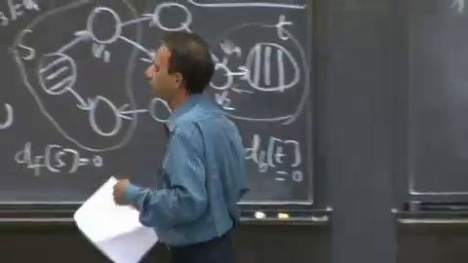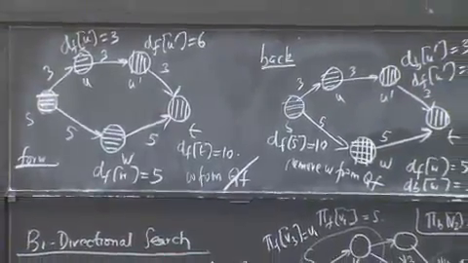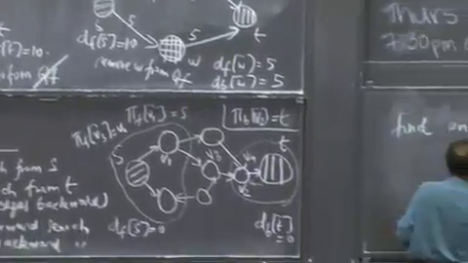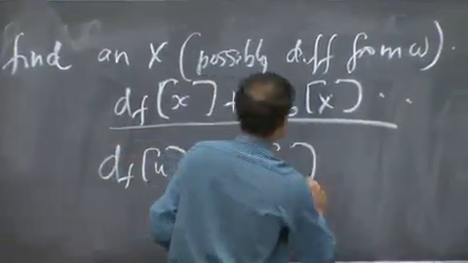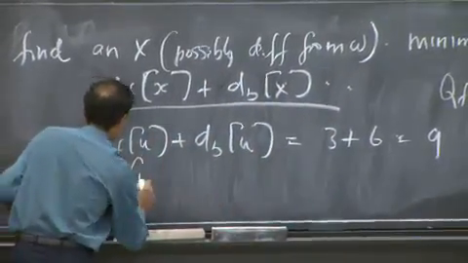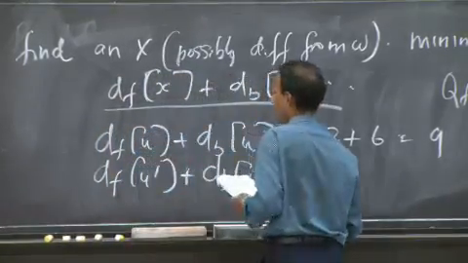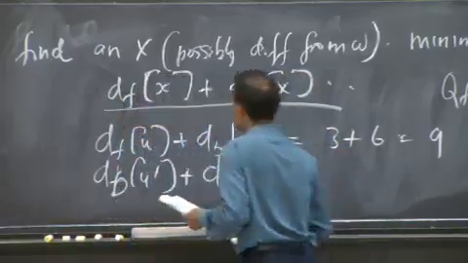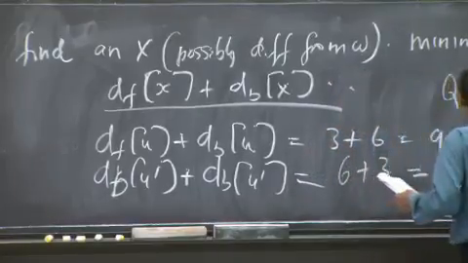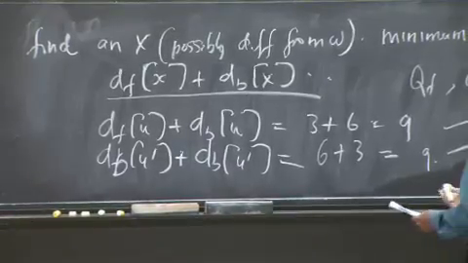In this example, w caused termination, but now we need to scan, and there's only two other vertices that are interesting here, which are u and u prime, and either of those will fit the bill, because df of u plus db of u equals 3 plus 6 equals 9, and df of u prime plus db of u prime, I'm sorry, I should have put db here, would be 6 plus 3 equals 9, right? So both of these are less than 10, and so we have to pick one of these as our x.